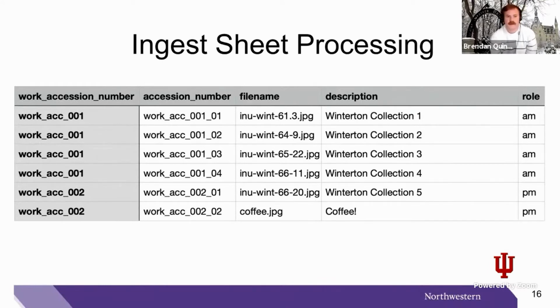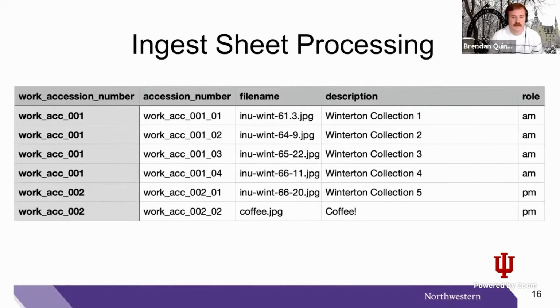And the file name we end up storing as S3 metadata attached to each object in our preservation bucket, because the S3 keys for those items end up being a pair tree checksum, just like Fedora binaries. So we store the original file name for preservation purposes as S3 metadata. And the description is more for just internal tracking purposes, so you can give yourself hints as to what these things are.